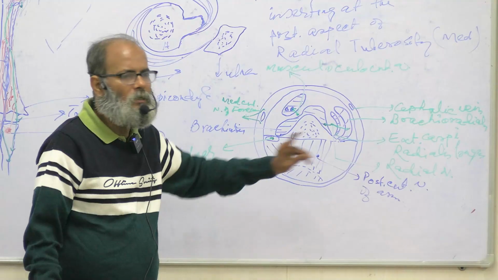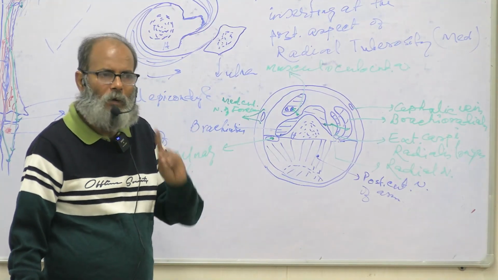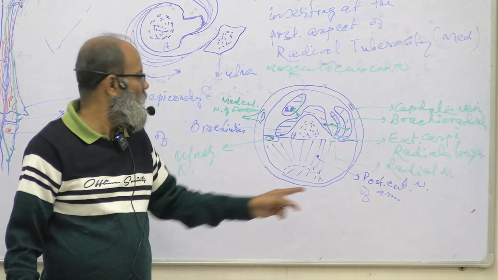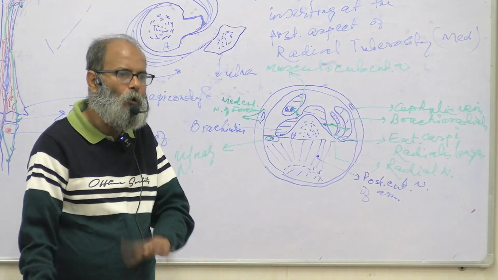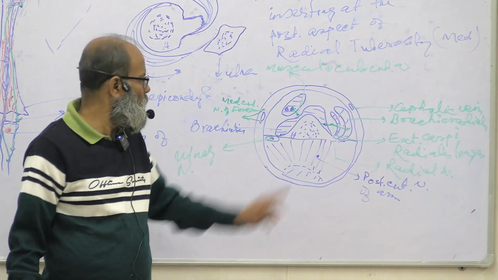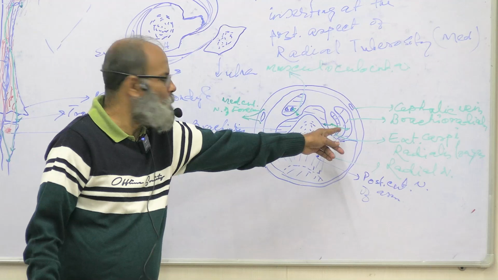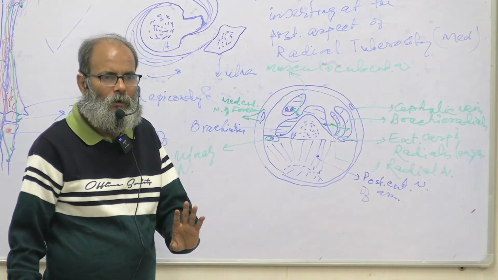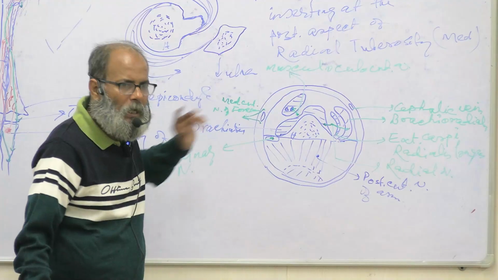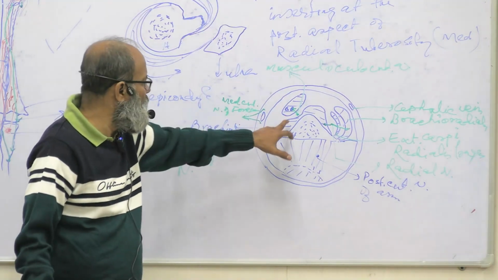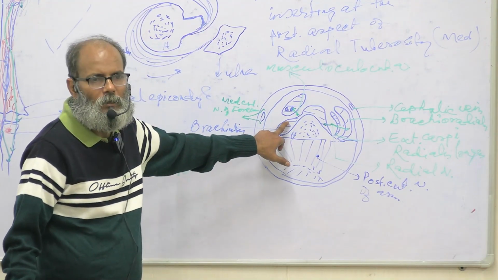That's why extensor carpi radialis longus and brevis, none of them are supplied above the elbow or near the elbow. These are supplied just below the elbow. Got my point? But brachioradialis gets a supply from the radial nerve out here. Got my point? And you can see this is the biceps brachii, the fusiform belly, and this is the brachialis muscle.